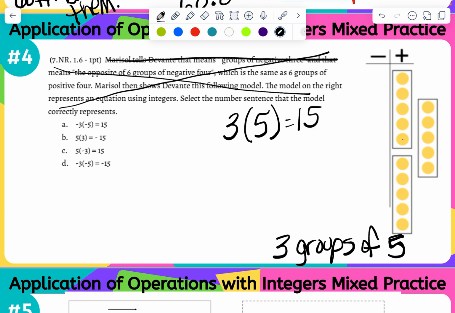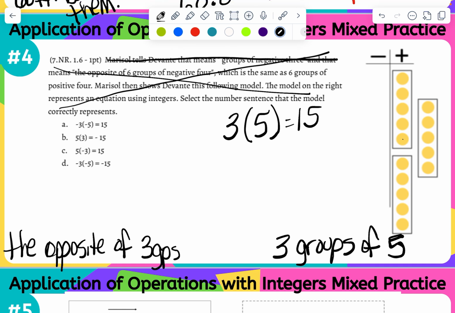But it can also be written as the opposite of 3 groups of -5.